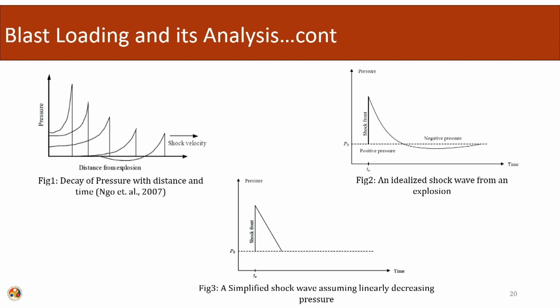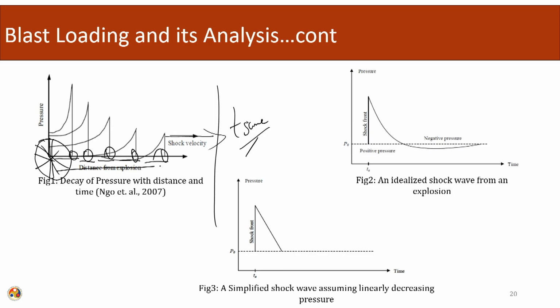Here is the propagation of the shock velocity, and this is the point where the explosion is occurring. If we move from this point, looking at the same instant, the time is the same here. If we look at different distances, as we move outward from the place where the blast occurs, we will see a gradual decay in the pressure with distance. This is the Friedlander's profile.